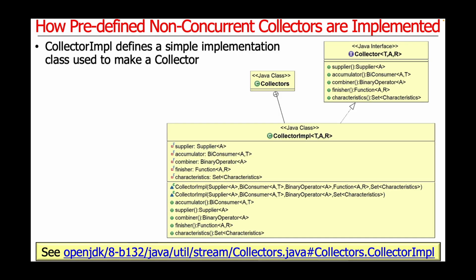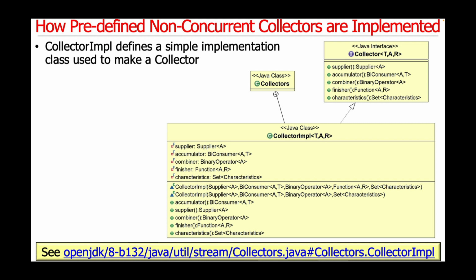There's a class that's part of the implementation of Java streams called CollectorImpl that defines a very simple implementation class that's used to make different types of collectors. And this is what it looks like. You can see that CollectorImpl is going to essentially implement the collector interface, and it's part of the Collectors class.